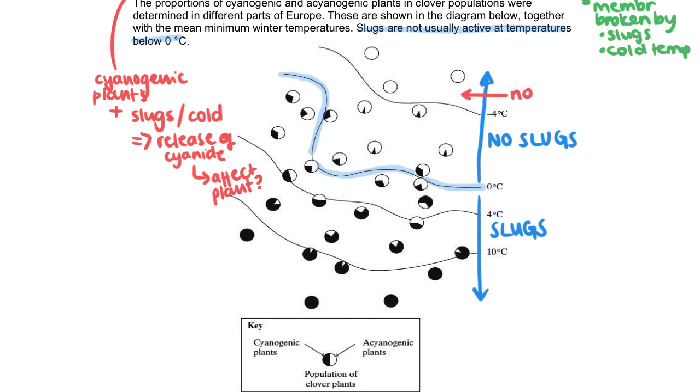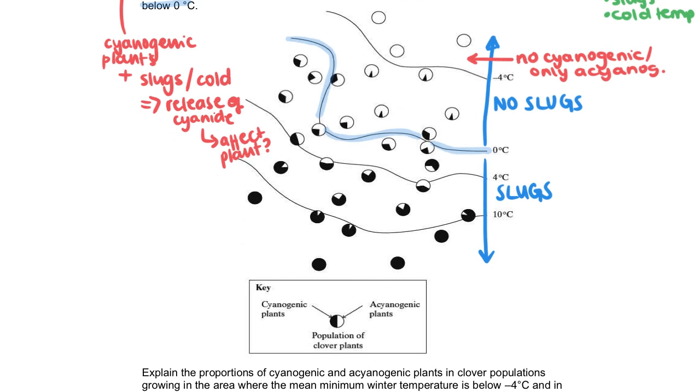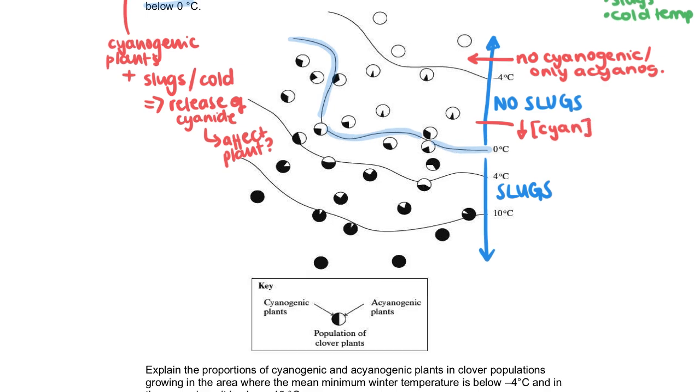So we've got no cyanogenic, or only acyanogenic, below minus 4 degrees, sorry. Between 0 and minus 4 degrees, we can see reducing population numbers of the cyanogenic.